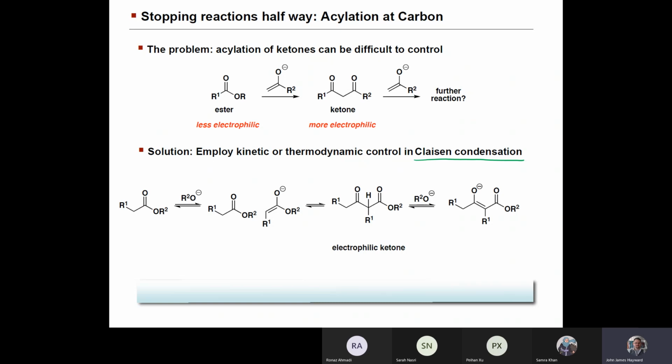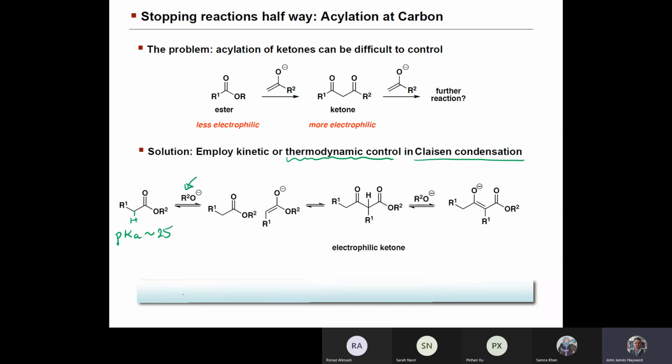So let's consider a classic Claisen condensation, which is under thermodynamic control. We take an ester and we use a relatively weak base. Okay, the pKa of an ester: the pKa of this proton here is approximately 25.